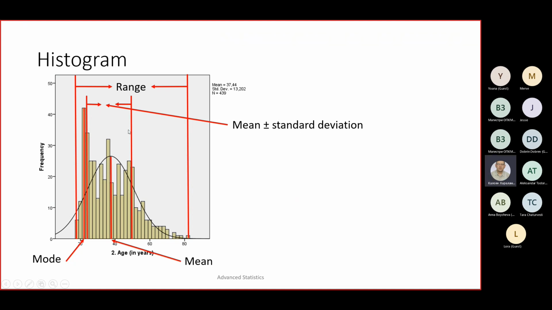This is the range, and here we can see that most of the persons are in this interval.